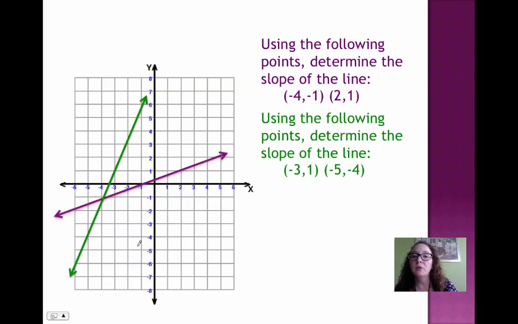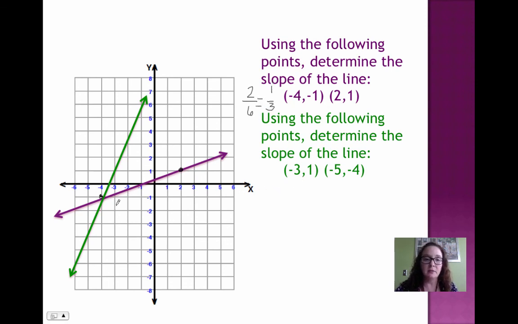All right, so for the following points, determine the slope of the line. So -4, -1 is right there. And then +2, +1 is right there. Vertically, 1, 2. Horizontally, 1, 2, 3, 4, 5, 6, 2 over 6, or 1 over 3.